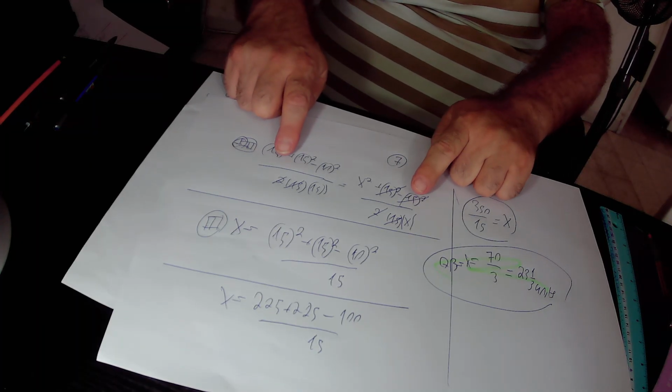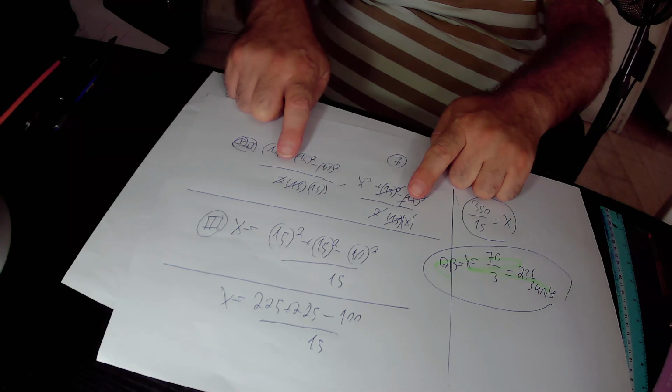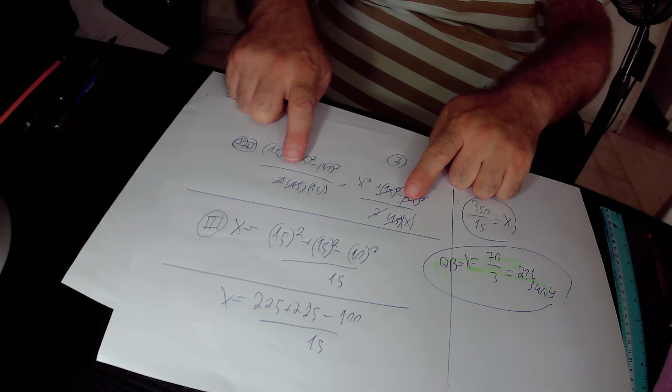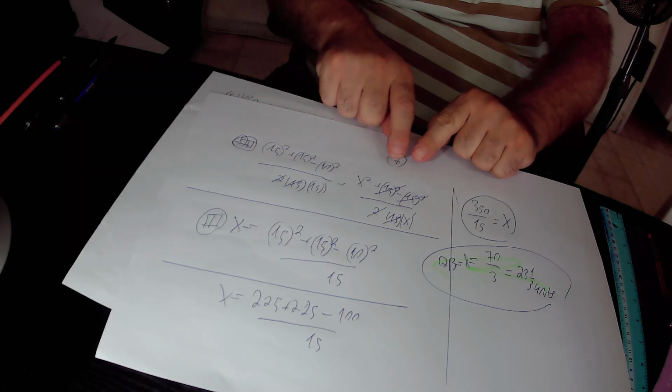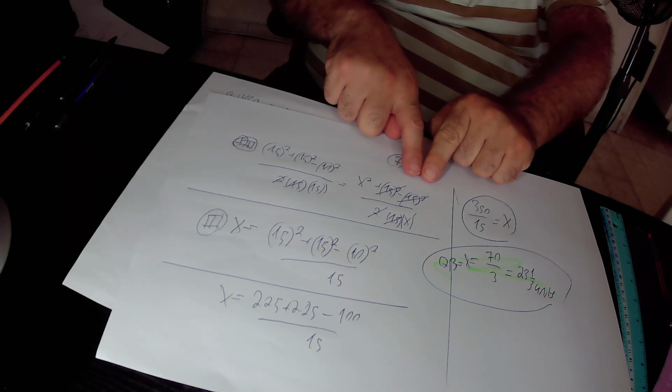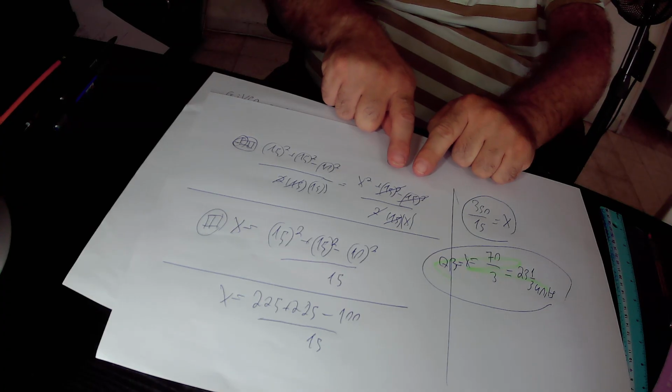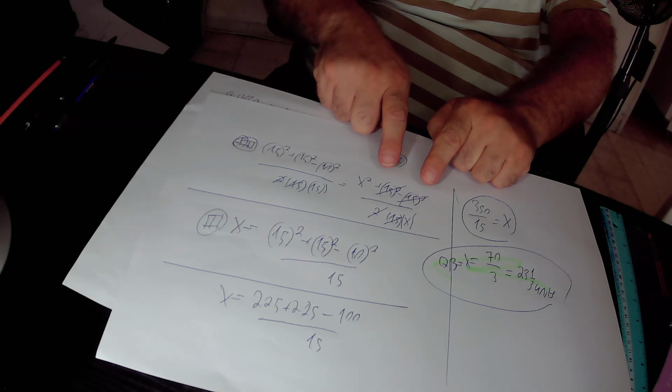So we have in the denominator of those two expressions 2 times 15 on both sides. So 2 times 15 will get cancelled. Here we have 15 squared minus 15 squared, that is 0. So in total we are left here with x squared over x, that is x.